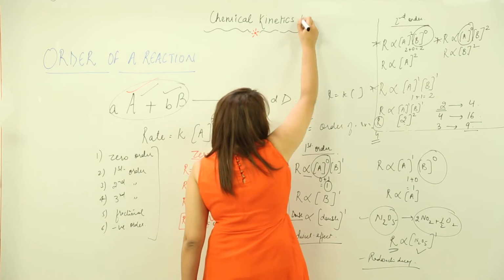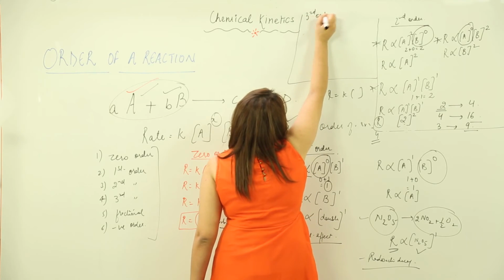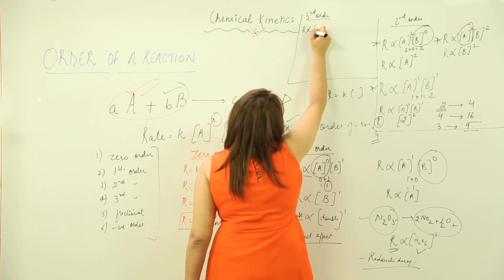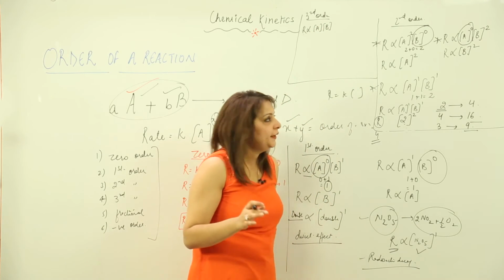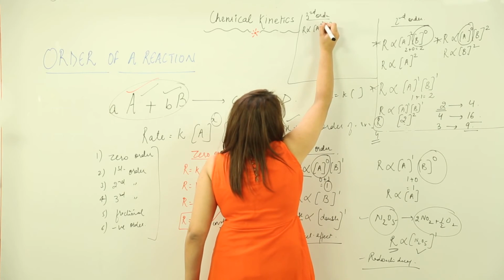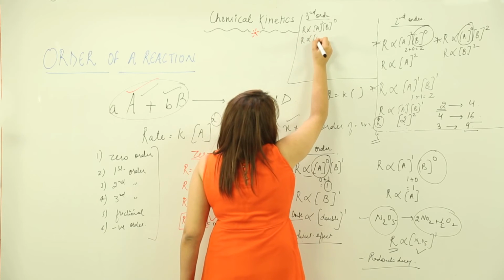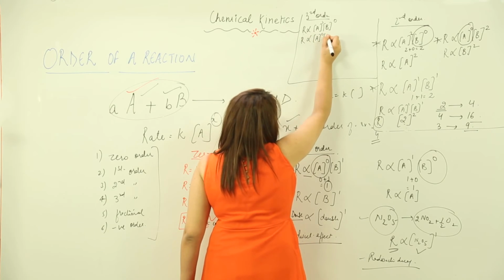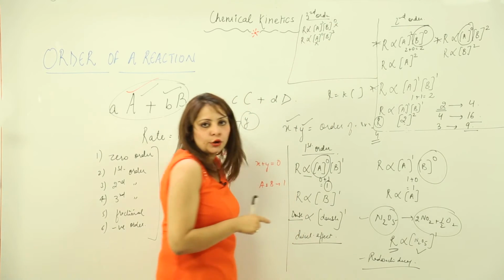Now coming to the third order. Third order means rate depends upon the concentration of A and B again. So we can have different combinations as we took in this one, right? It can happen like this, that this is 3 and this is 0. The possibility is that it can be written this way also. So this is not contributing in this reaction, and in this reaction this is not contributing.